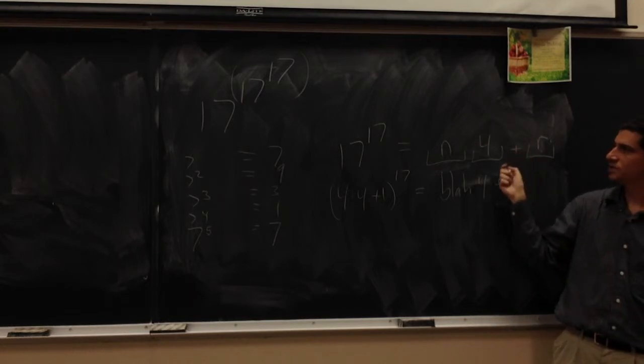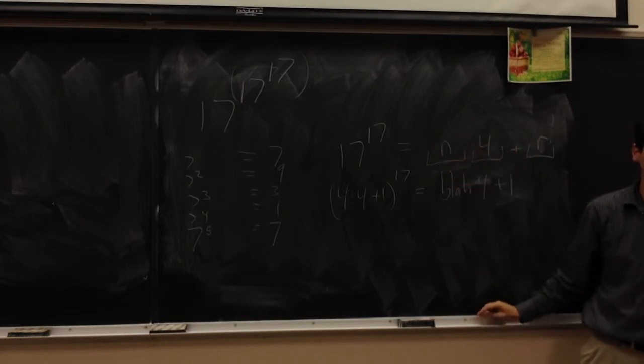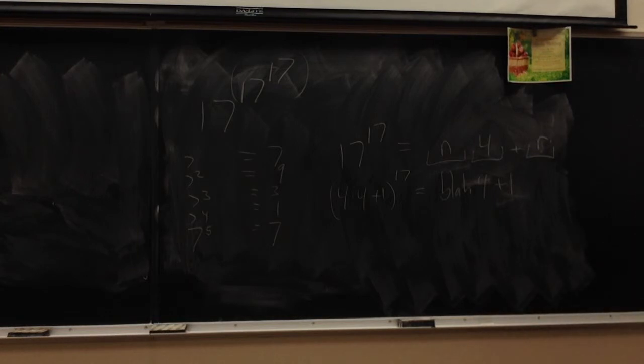So the 4 doesn't matter, and this is the same as 17 to the 1. So what should the first digit be? It should be 7.